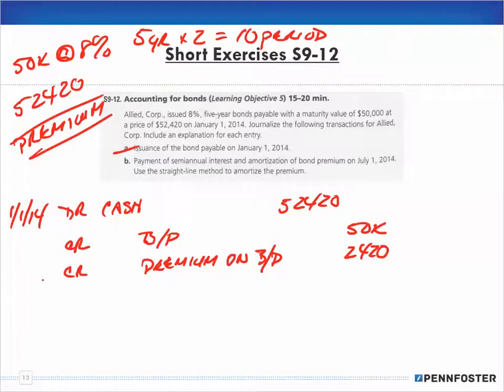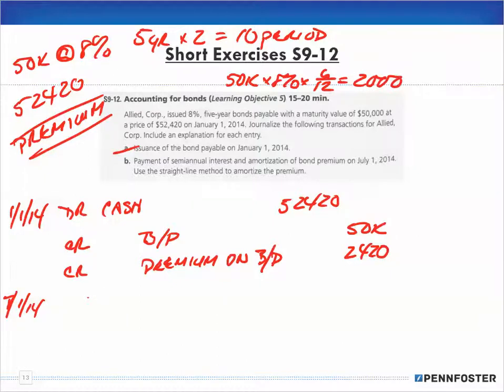All right. So now we have a semi-annual interest payment and amortization of the bond premium on July 1st. Use straight line. So 7/1/2014. The amount of interest that we're going to pay out is the $50,000, same as the previous exercise, times 8% times 6/12, which is $2,000.